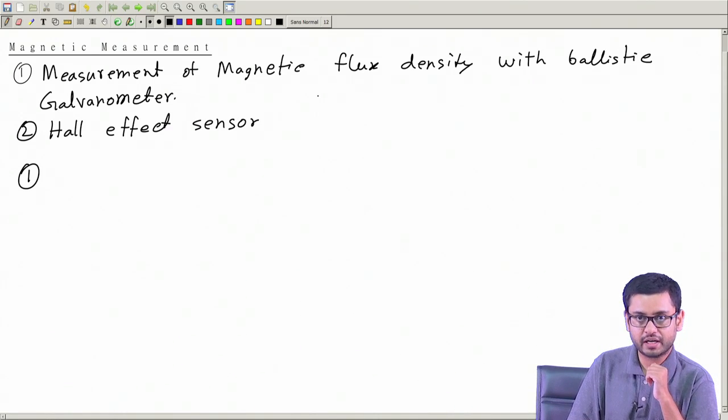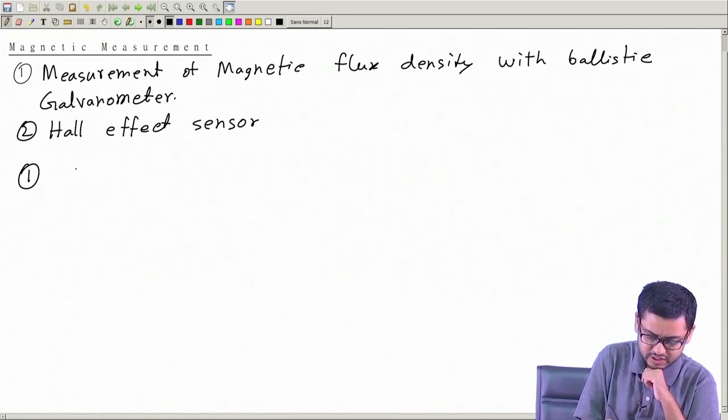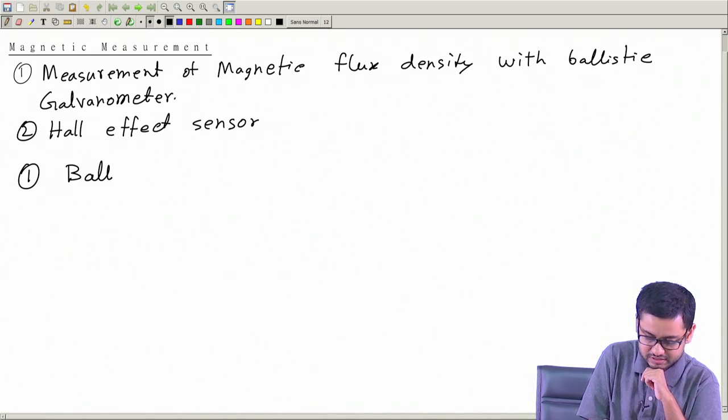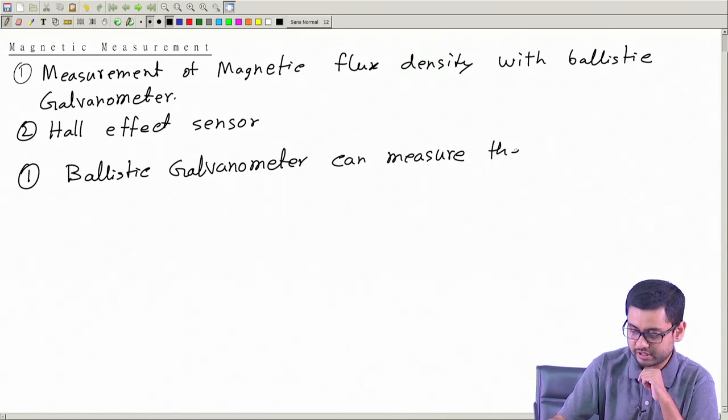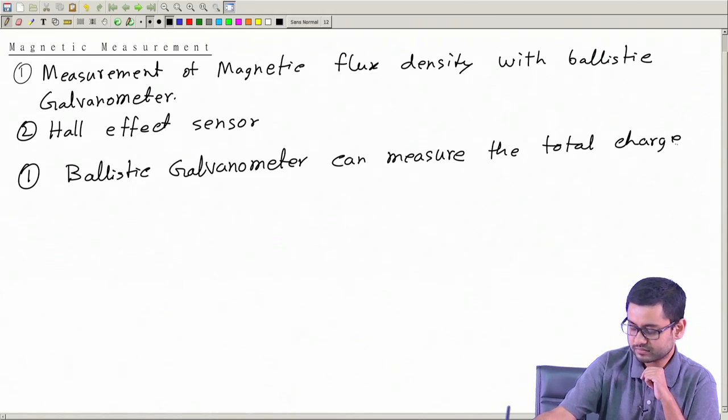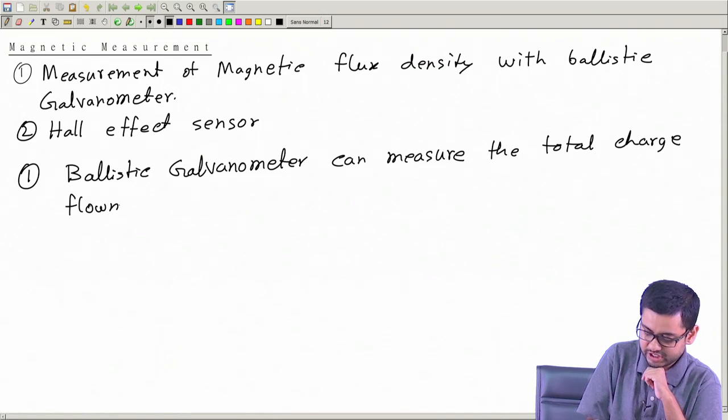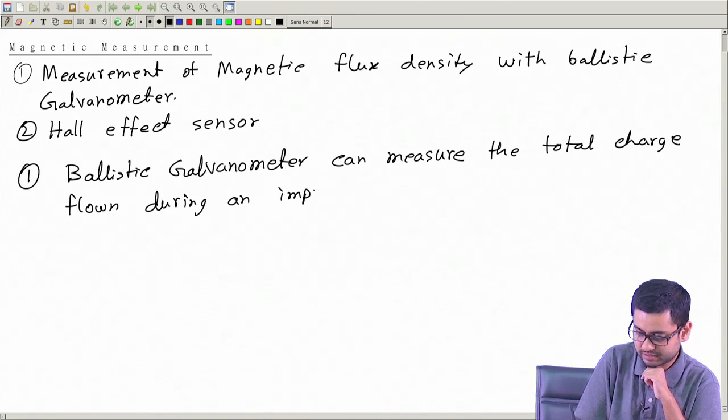So, let us recall what a ballistic galvanometer is. We have studied this I think in our first week. A ballistic galvanometer can measure the charge, the total charge flown during an impulse or impulsive current.